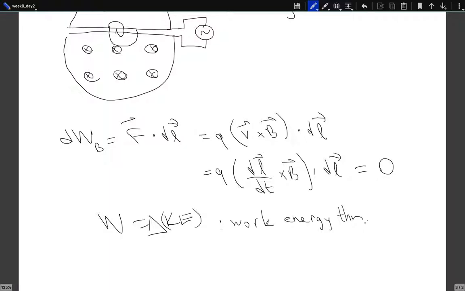Now, magnetic field doesn't do any work, so it cannot change the kinetic energy of any charged object. Well, that is in fact what we had used above. We said that the magnetic field cannot change the speed. It only can change the velocity, the direction of the velocity, not the magnitude. So the kinetic energy is constant. So you cannot use magnetic field to stop objects, for example.